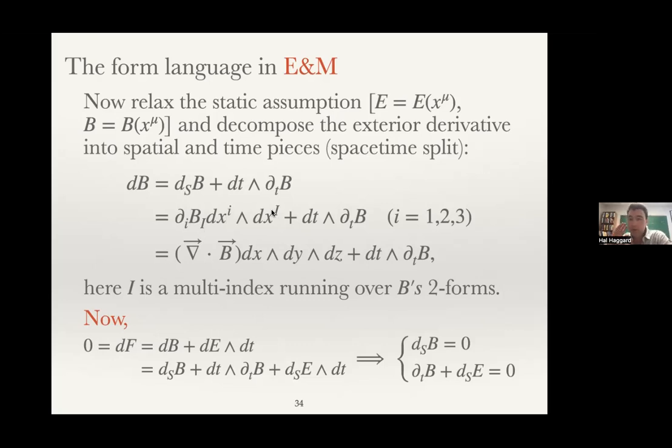Okay, but just to get out of the formalism for a second, what does this mean? Well, this first one is going to give us exactly the divergence part, and the second one is going to give us the time part. The divergence part is spatial, and so this makes sense. The spatial exterior derivative is giving us the spatial part, and the time part is giving us the time part.